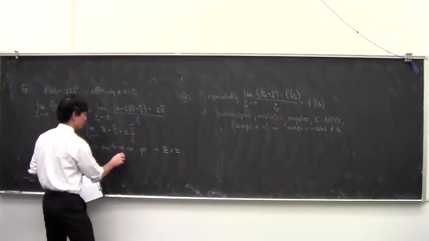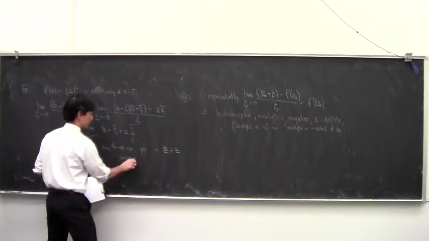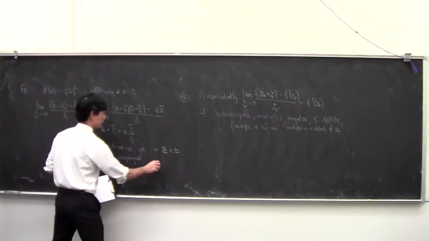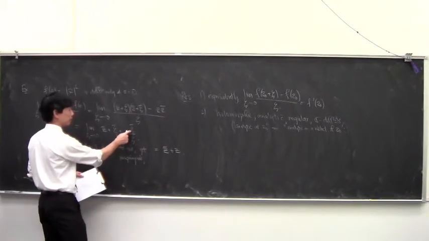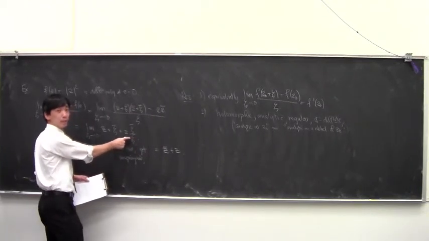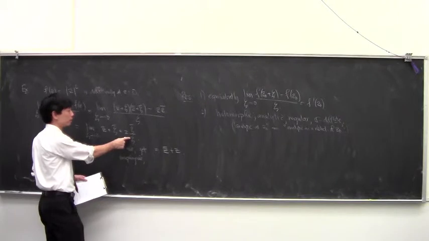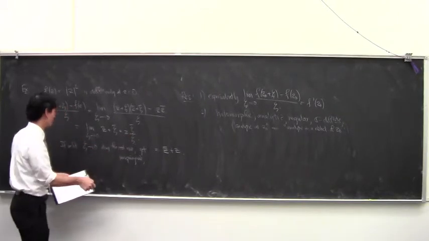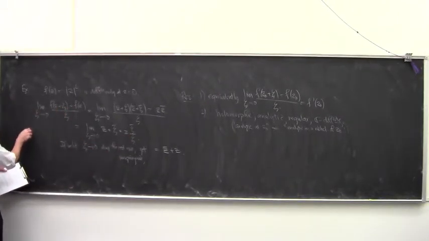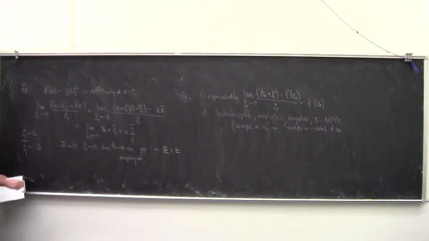But if you do it along the imaginary axis, what do you get? In that case, this becomes negative 1. Because if you have an imaginary number, let's say that zeta equals i h, then zeta bar is negative i h, and you're going to end up with the negative over itself, in other words negative 1.